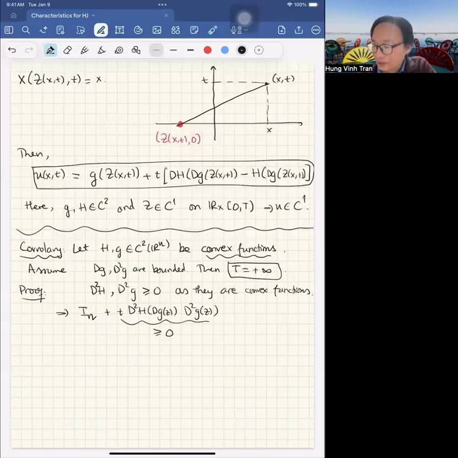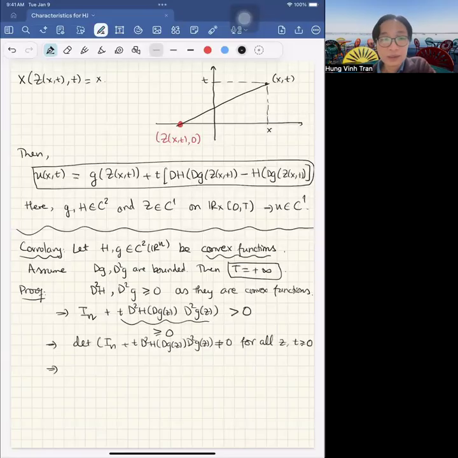And I_n plus this is always strictly positive definite, meaning that the determinant of this is always non-zero for all z and all t greater than or equal to 0. So this implies that capital T is plus infinity.